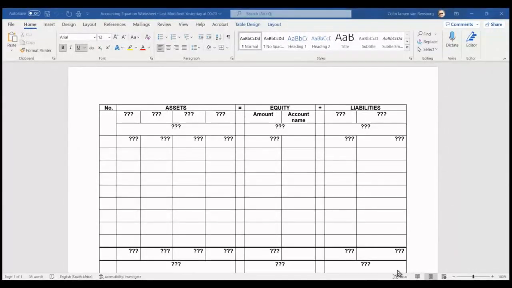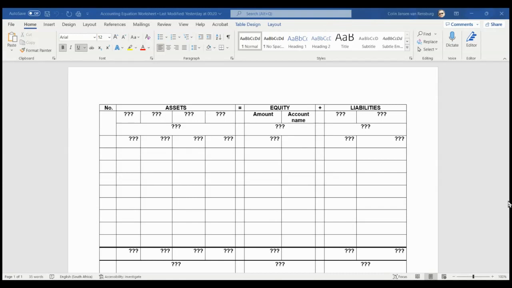So this accounting equation worksheet is what we are going to use to analyze and understand how to record an entry and what effect it has on our accounting equation. Because once we understand that, then we can proceed to actually capturing the various entries, the transactions and events that took place.